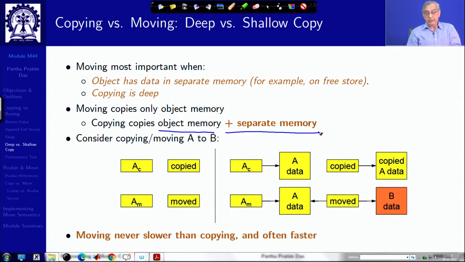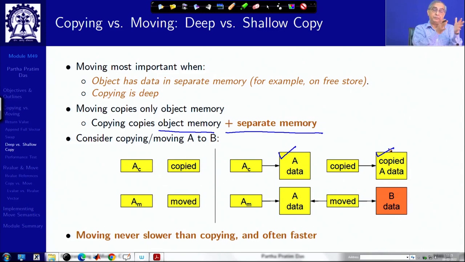So, if I have A, then I copy, then I have A's data, and I will also have a copy of A's data from the separate memory. That is the deep copy we say.